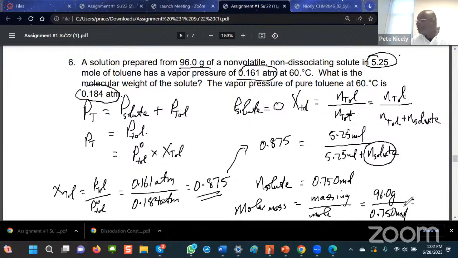And according to my calculation, this works out to be equal to 128 grams per mole. So this would be the final answer right here.